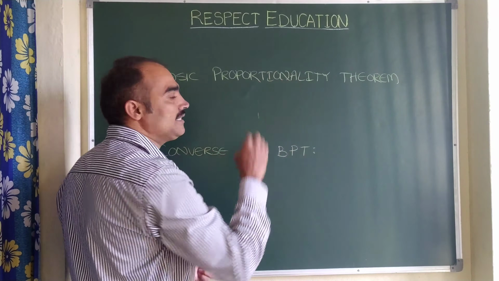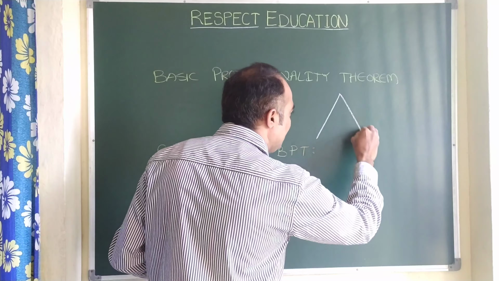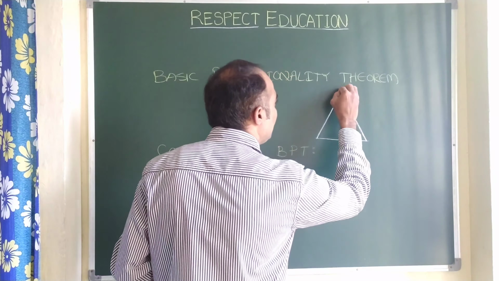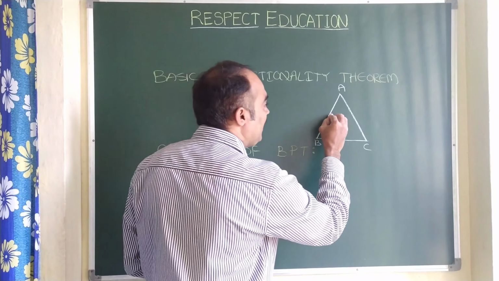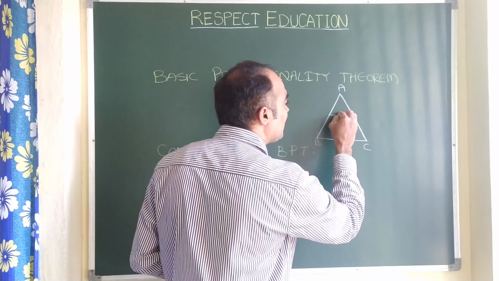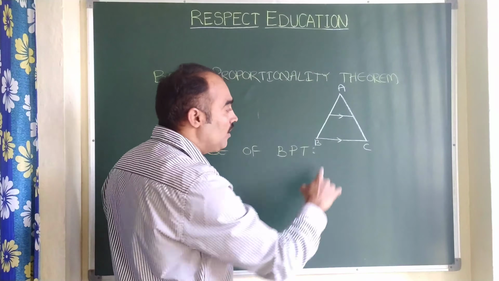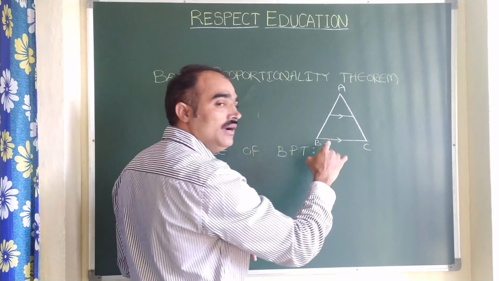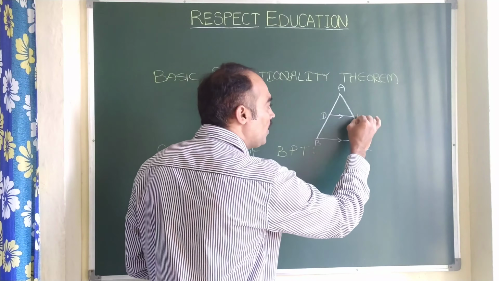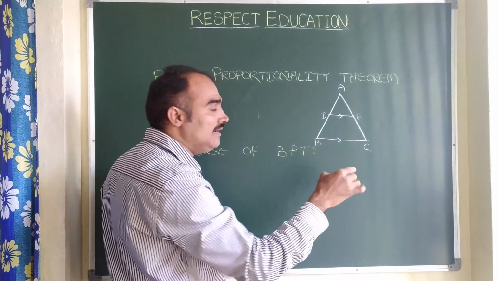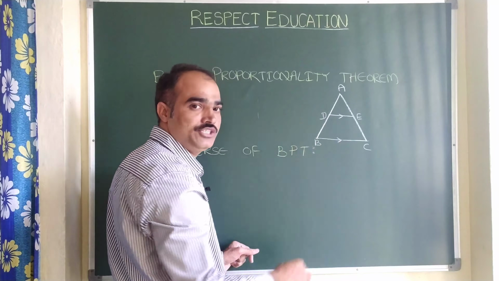Basic proportionality theorem states that in a triangle, let us take it as ABC, if a line is drawn parallel to one side of a triangle to intersect the other two sides in two distinct points, then the line divides the other two sides in the same ratio.